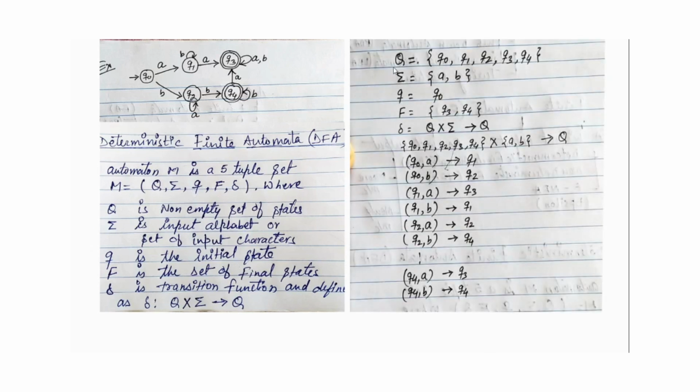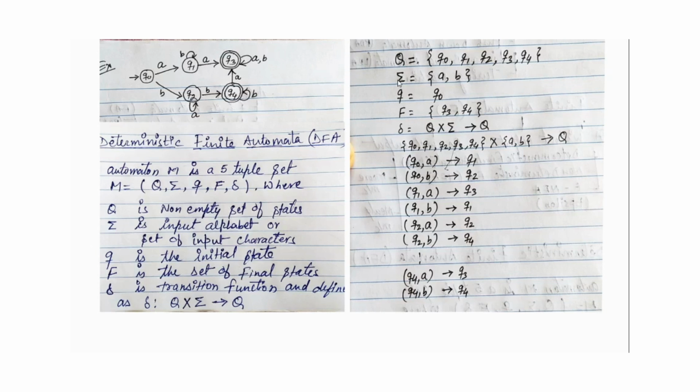Okay, now look at this. Q is a non-empty set of states. So how many states are here? Q0, Q1, Q2, Q3 and Q4. 5 states are here. So Q is a set of these states, Q0, Q1, Q2, Q3 and Q4. So you will have all the states here, which are the states of this state transition diagram.